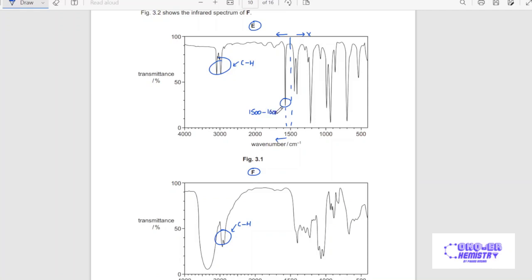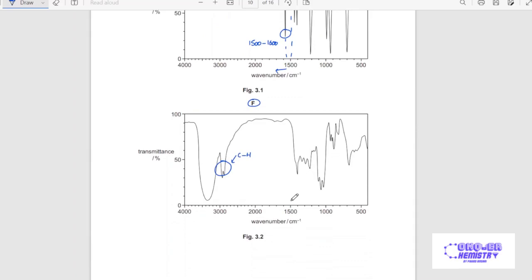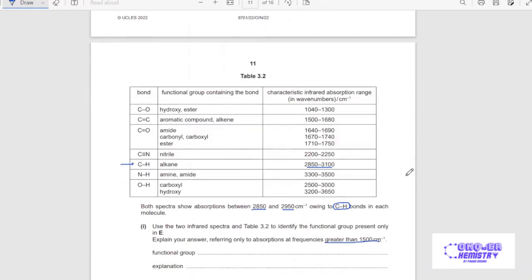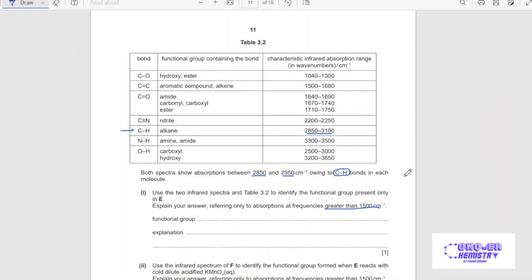All right, let's take a look at compound F just to make sure that it's not there. You have the cutoff for compound F over here, 1500 per centimeter. And you can see that you don't have anything in that range. Okay, so now what bond is resulting in this particular absorption or peak?